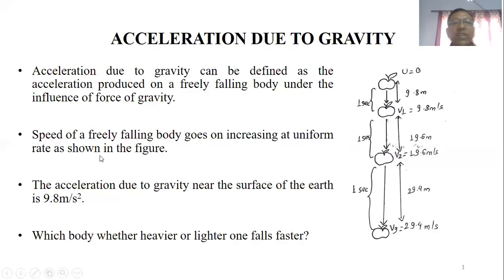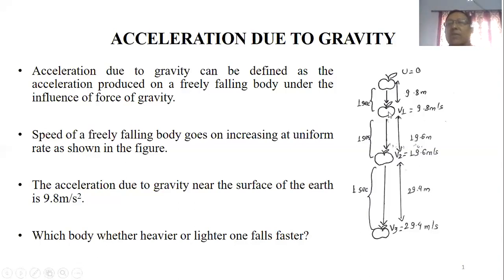The speed of a freely falling body goes on increasing at a uniform rate as shown in the figure. Look at this figure. An object is symbolized by an apple. It was raised at first so that its initial velocity is 0, u equal to 0, and it is released immediately, and it covers 9.8 meter in the first 1 second.